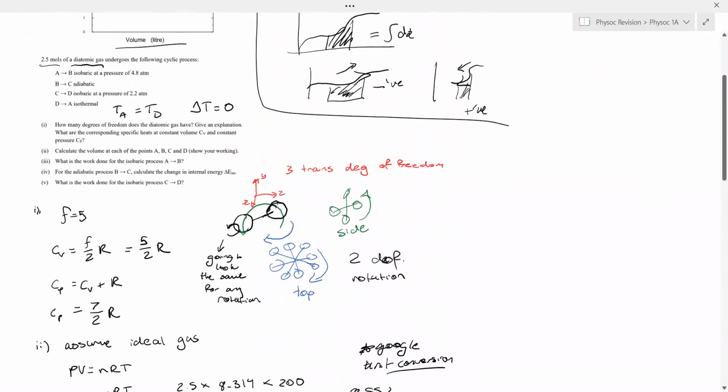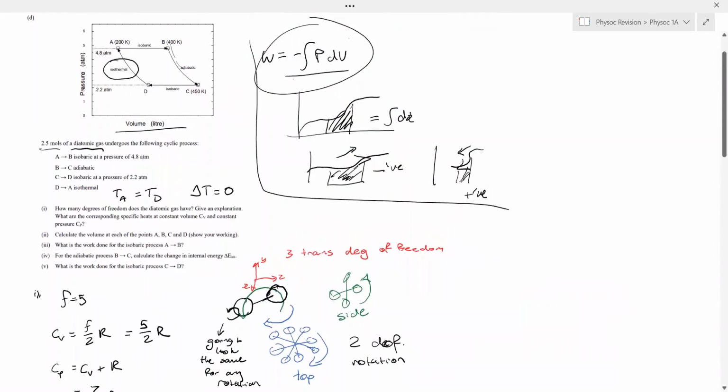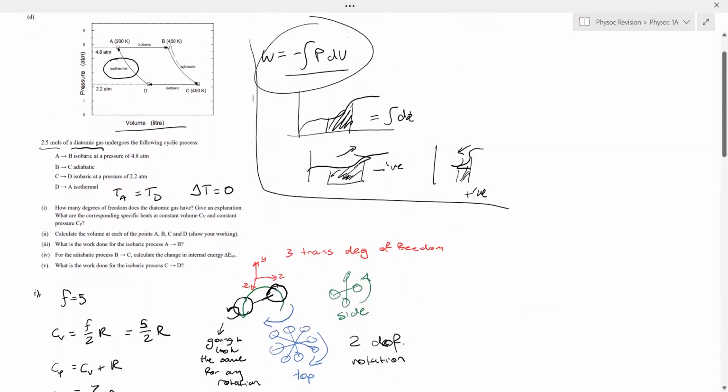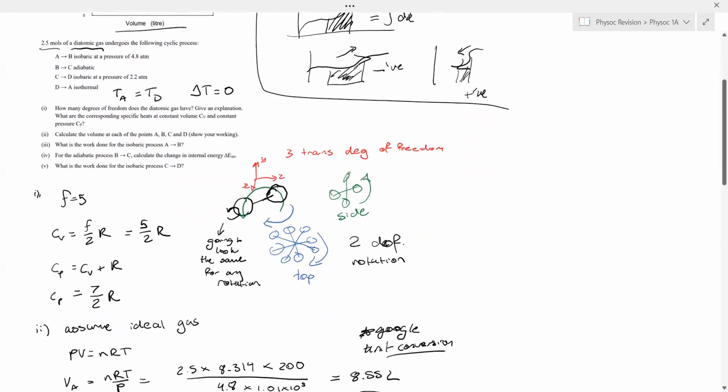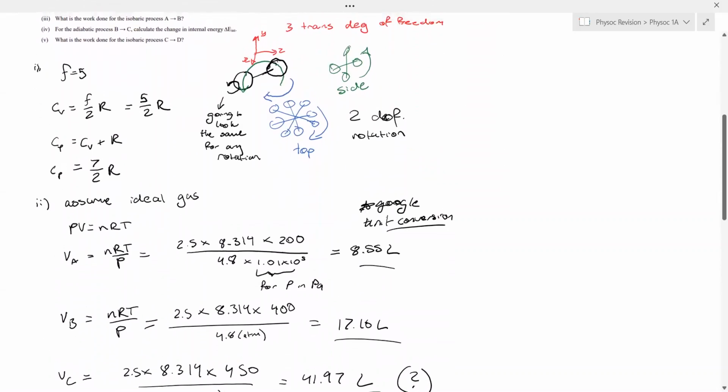All right, so just in case anyone wants to take a screenshot, there's our question, there's our little scribble of how the work is being defined. Part 1 and a little bit of part 2. Just using our ideal gas law, that's pretty much what we're going to be using the whole time for these kinds of questions.